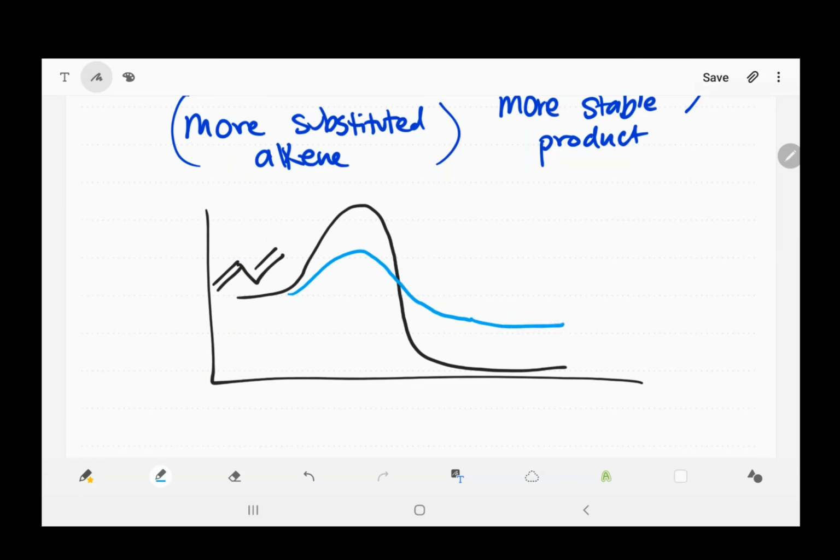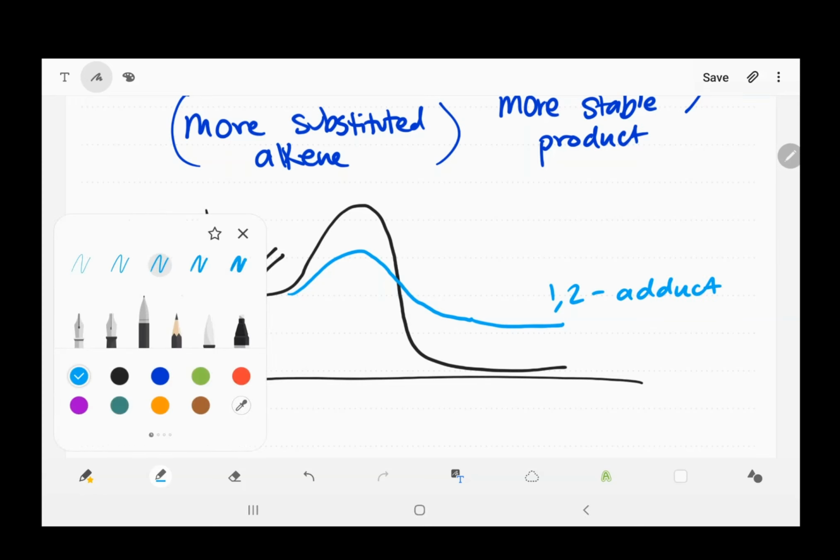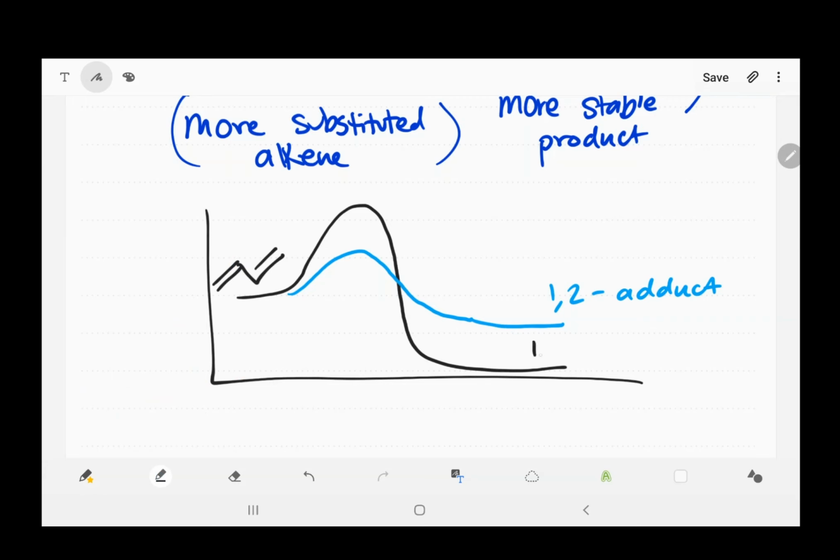This graph may not be to scale, but this would be our 1,2 adduct here. And this would be our 1,4 adduct. So we're going to have an exothermic reaction in either case. And we're going to see here that the 1,2 adduct has a lower activation energy because it has a more stable intermediate.